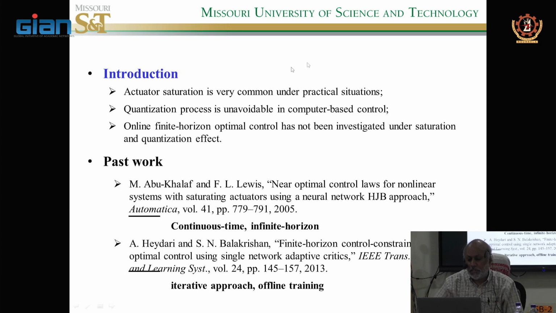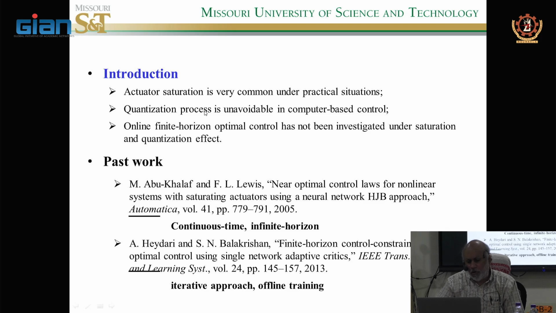Actuator saturation is a very common problem in many practical situations. Now what is the alternative when your actuator saturates? You have to physically change the motor if it's a motor. And sometimes when you make the motor bigger, it becomes a load on the robot or the case. That's the reason why many times we are very careful about actuator saturation, okay?